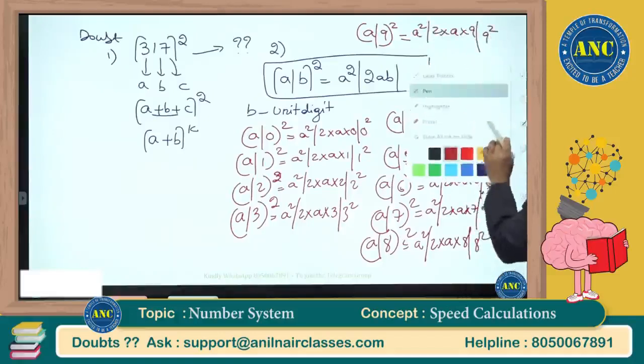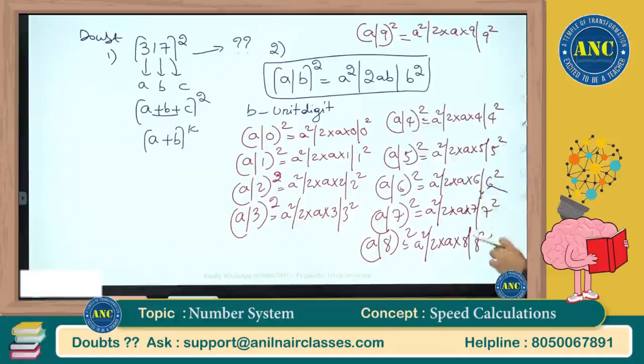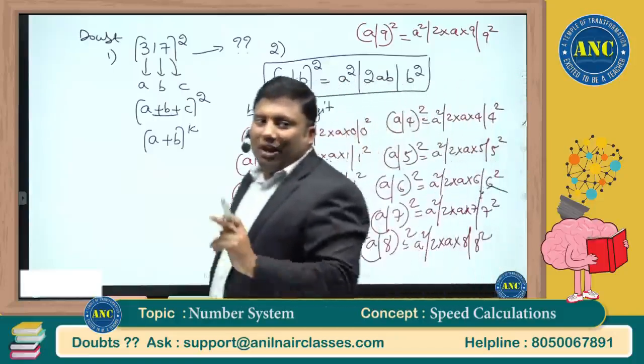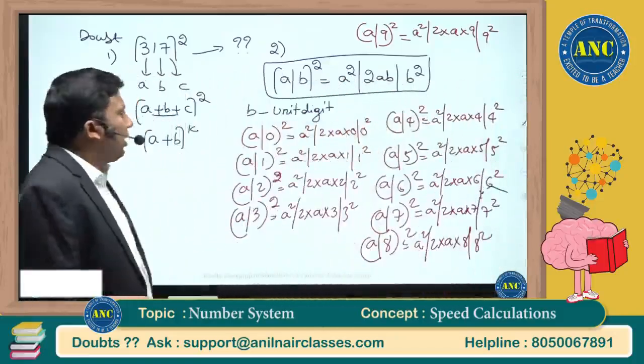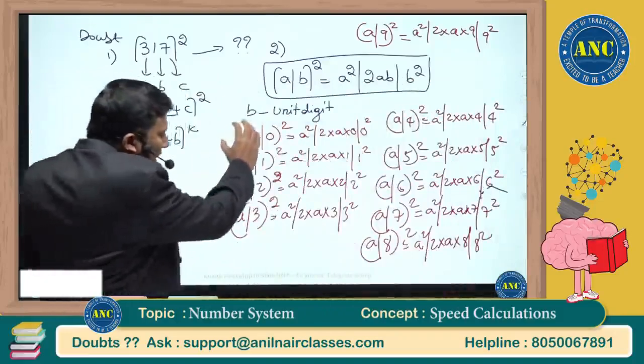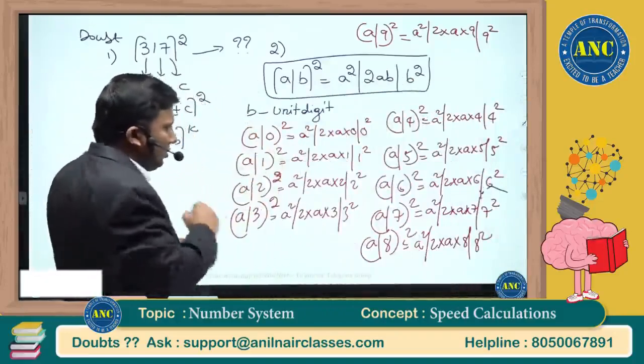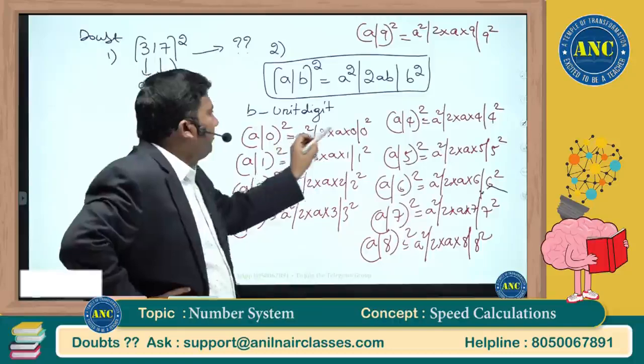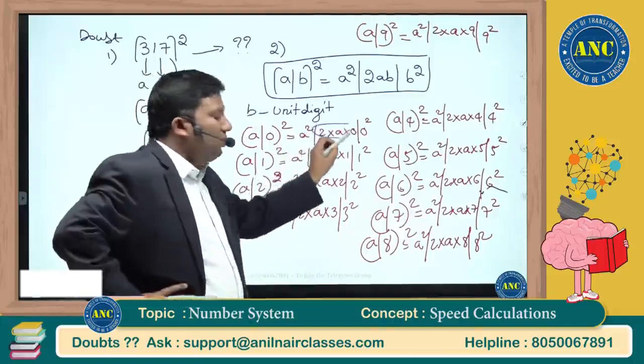Why am I writing all this? This is very, very important to me. See here. B is the unit digit, so B can take all the values from 0 to 9. 0 into any number is 0.